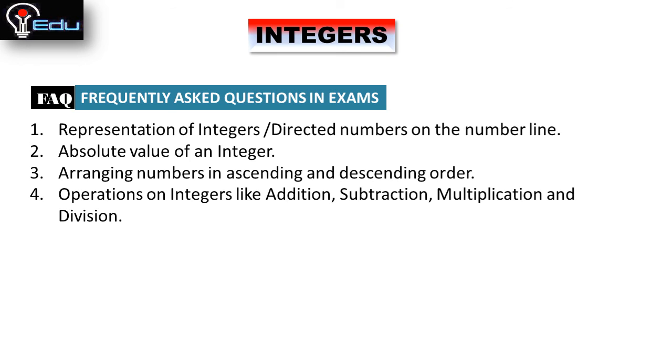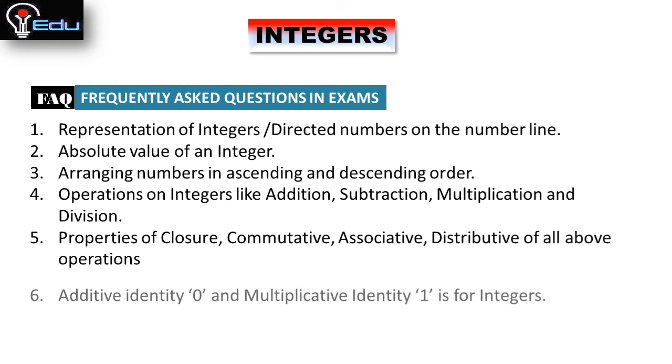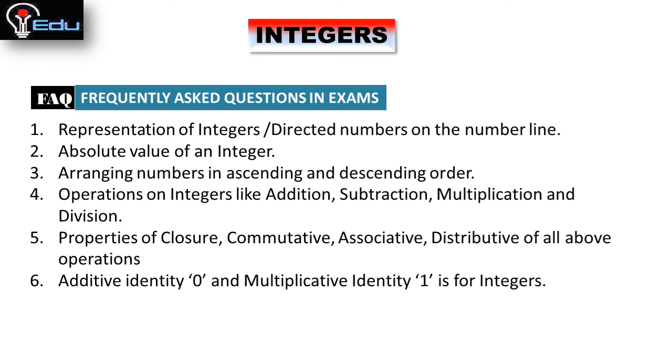Operations on integers like addition, subtraction, multiplication and division. Next are the properties of closure, commutative, associative and distributive for all the above operations. For all the operations, addition, subtraction, multiplication and division, we have these properties. And next are the additive identity 0 and the multiplicative identity 1 for integers.